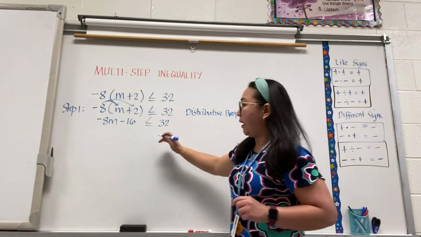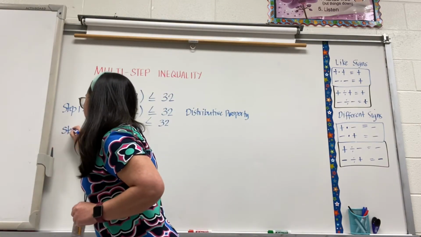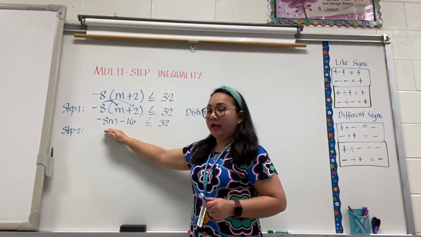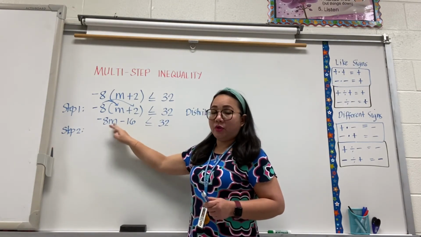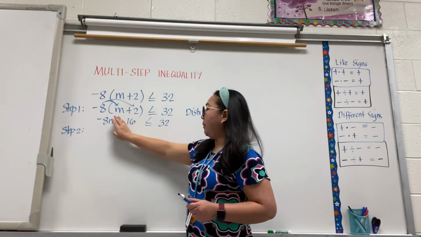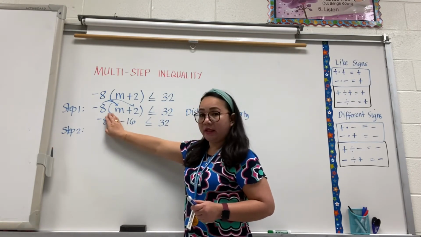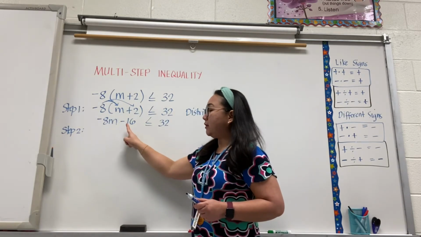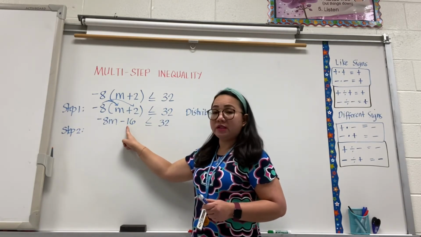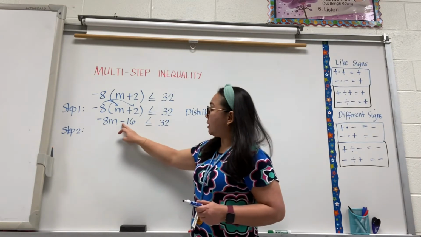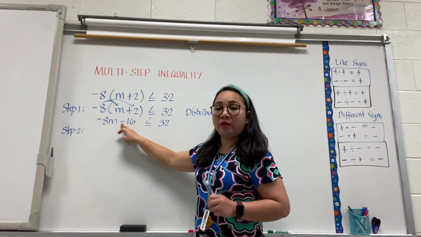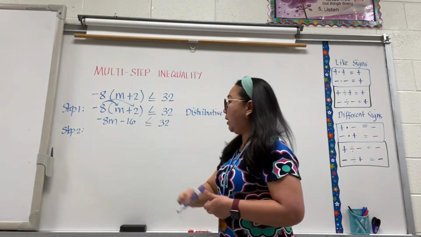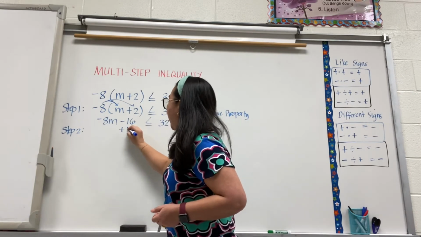So next, we have step number 2. We have to isolate the variable m. By doing that, we will eliminate negative 16 and eliminate negative 8. We will eliminate this first, get rid of negative 16, and you see here a minus sign. So the inverse for this is addition. So we will add 16 to both sides.